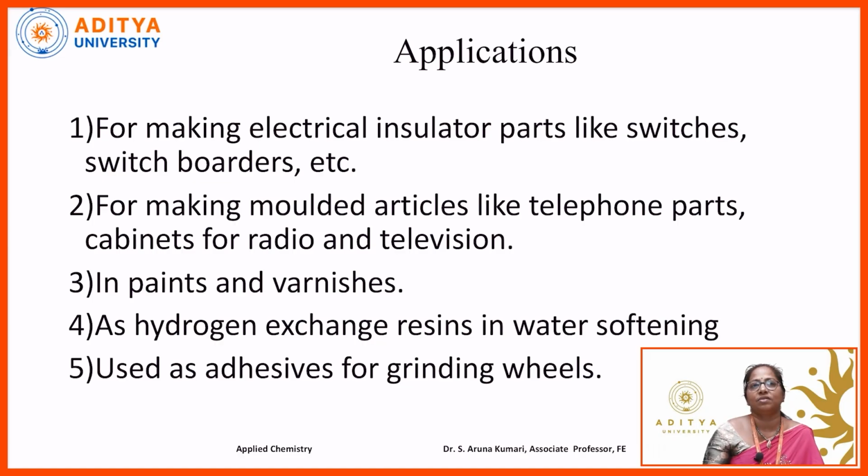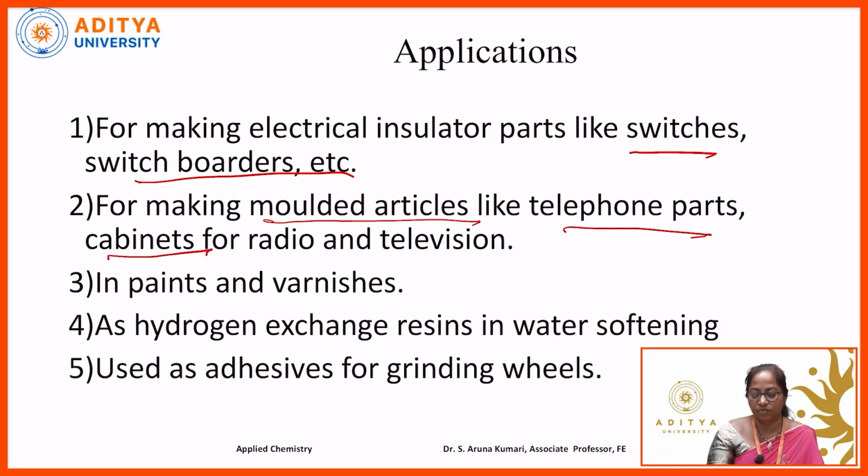And now let us discuss its applications. For making electrical insulator parts like switches, switchboards, etc. So, this polymer is mostly used in making of electrical insulator parts like switches, switchboards. It is also used for making molded articles like telephone parts, cabinets for radio and television.